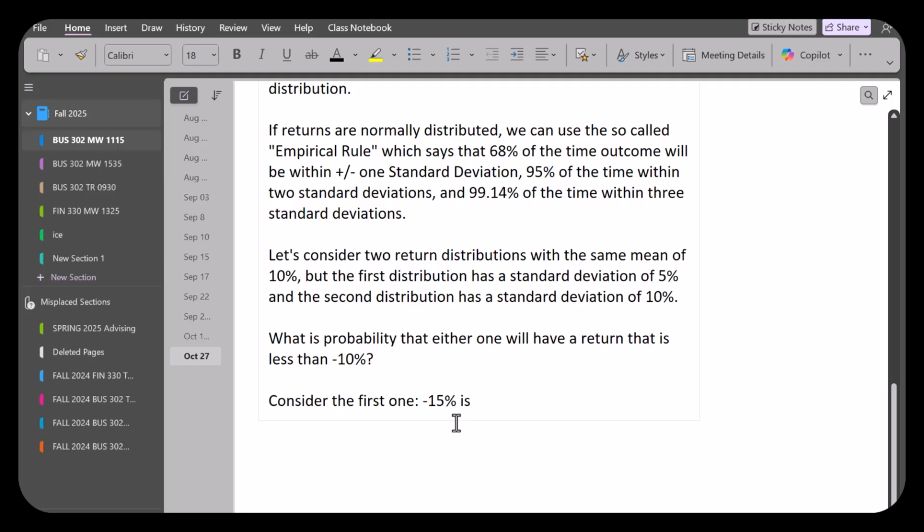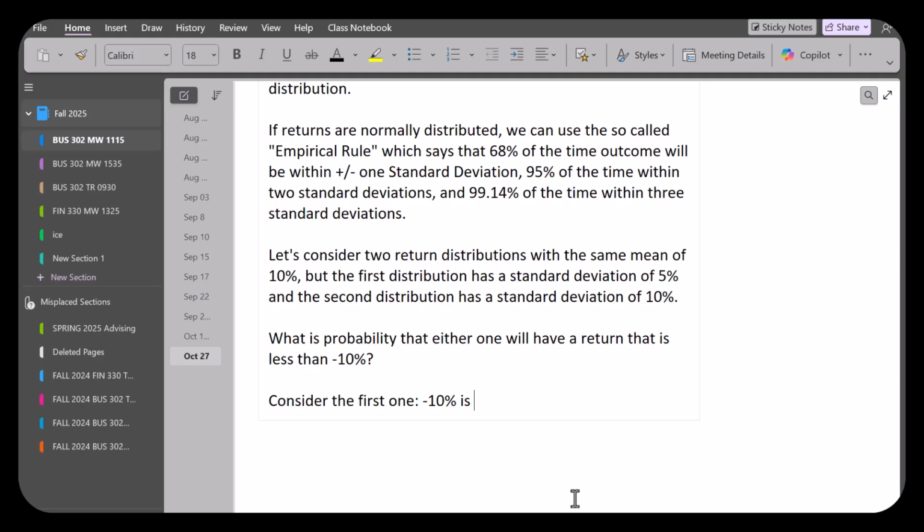For the first one, relative to the mean, to get the negative 10. Mean is 10. To get the negative 10, how many standard deviations do I need? Standard deviation of the first one is 5. So to go from plus 10 to negative 10, I need to go down 4 standard deviations.